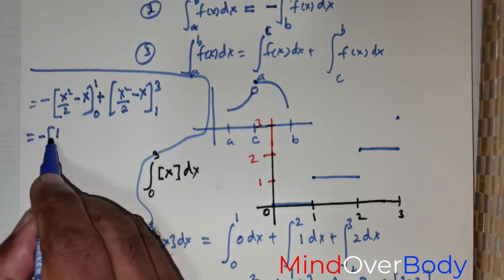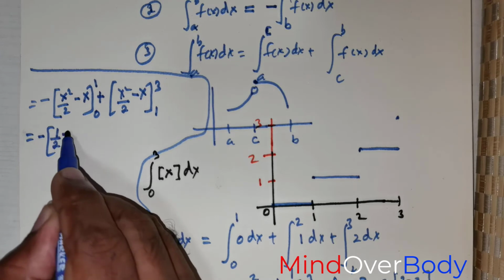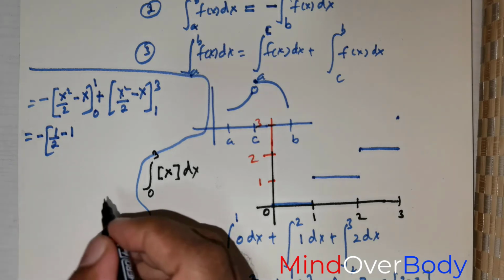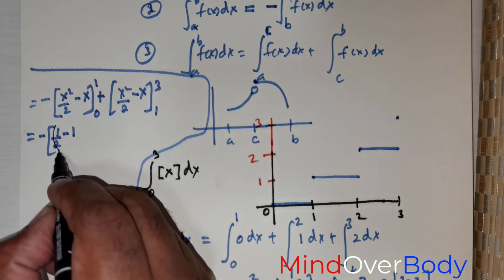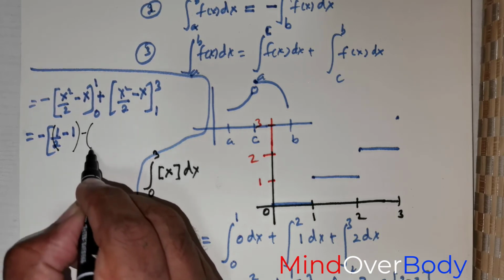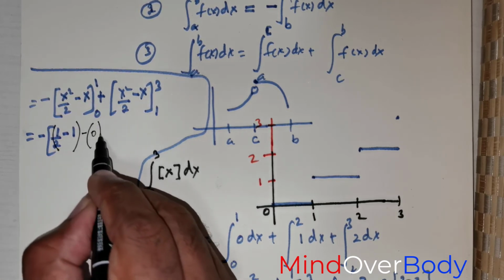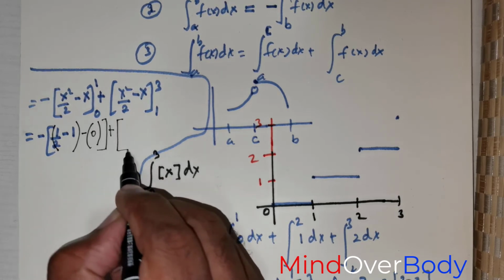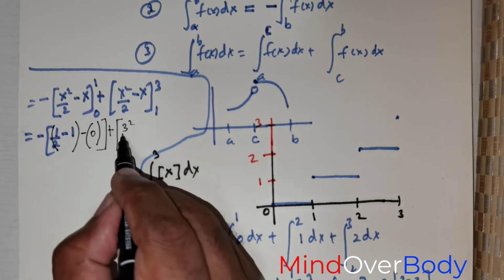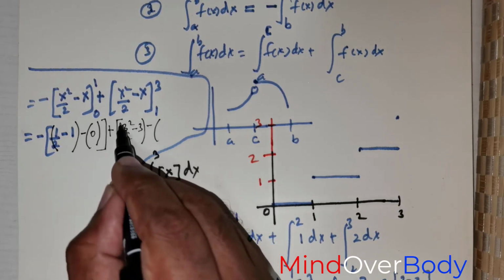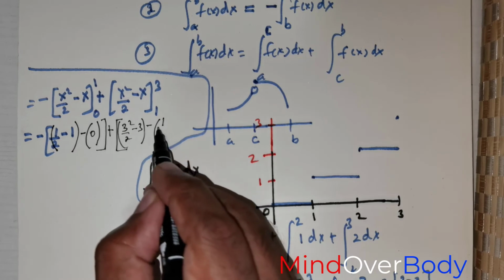The upper limit first is going to be 1 over 2 negative 1, that's for the upper limit, followed by the lower limit is 0, positive, the upper limit, followed by the lower limit.